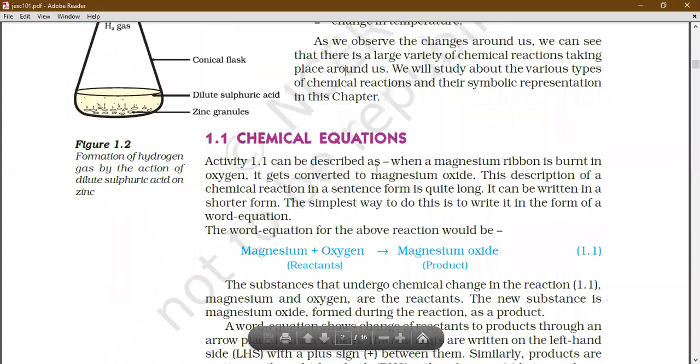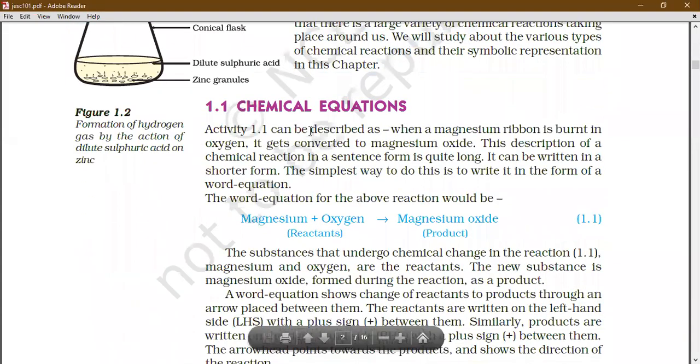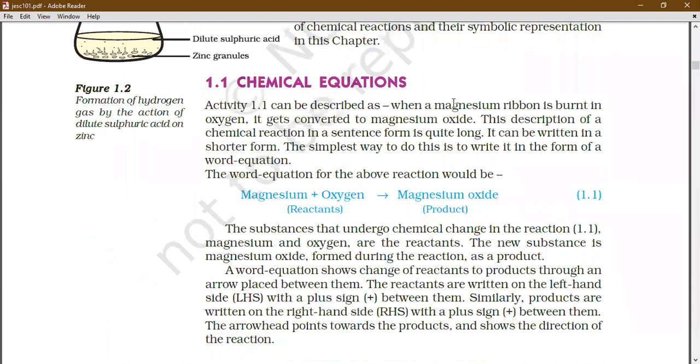Chemical equations. Activity 1.1 can be described as: when a magnesium ribbon is burnt in oxygen, it gets converted to magnesium oxide. This description of a chemical reaction in a sentence form is quite long. It can be written in a shorter form. The simplest way to do this is to write it in the form of a word equation.